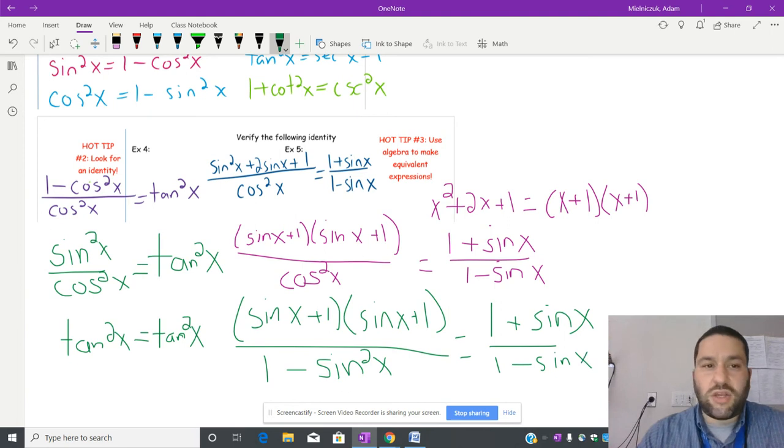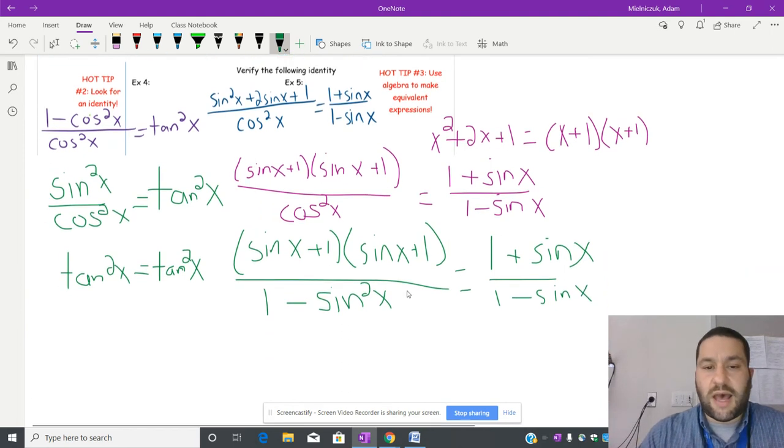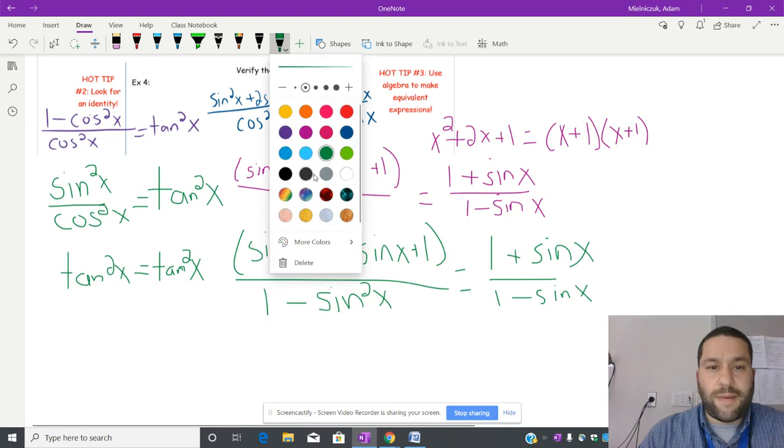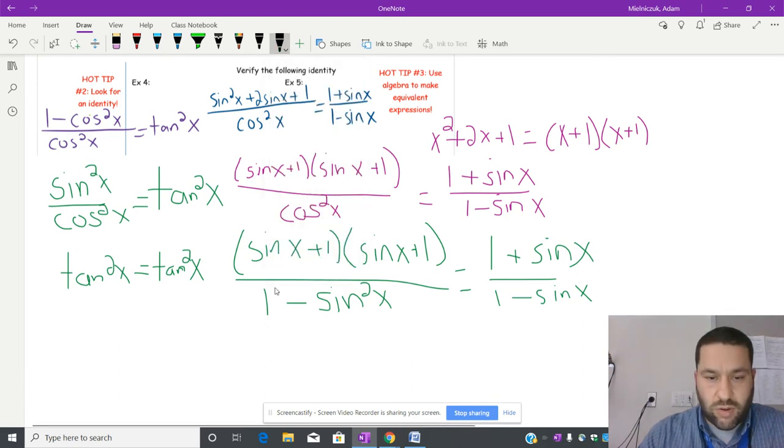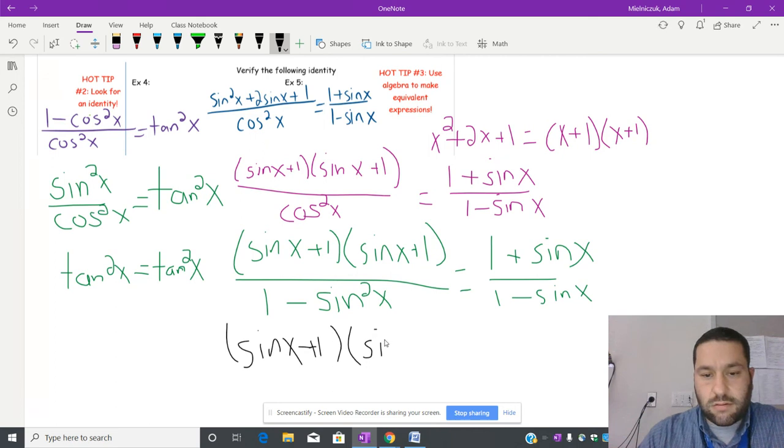Well, if we continue to focus on the bottom, we can rewrite the bottom as, let's see, 1 minus sine squared x, that's a difference of two squares. So now we can rewrite this as sine x plus 1 times sine x plus 1 over 1 minus sine x times 1 plus sine x.